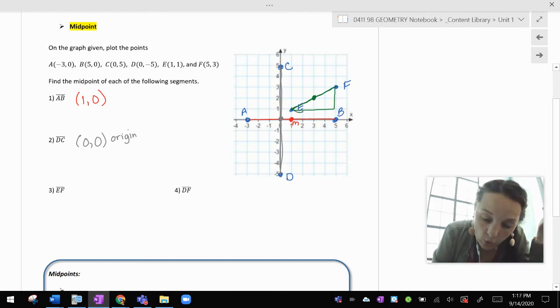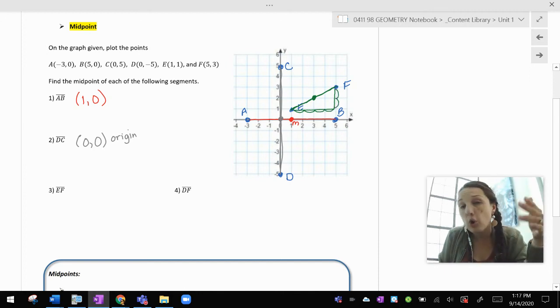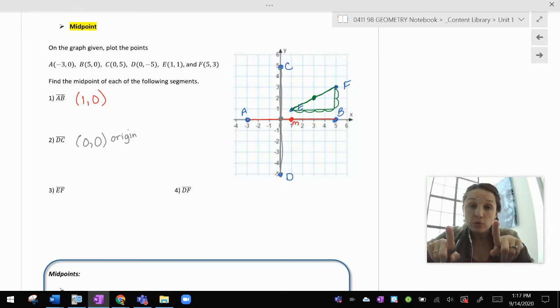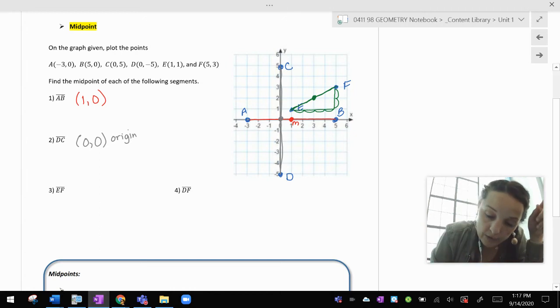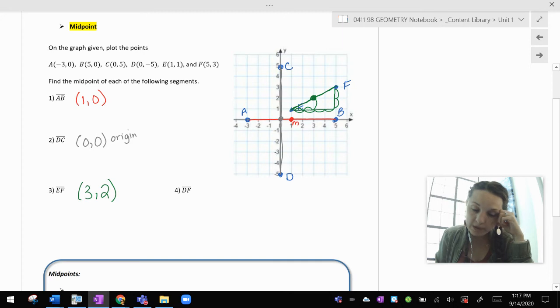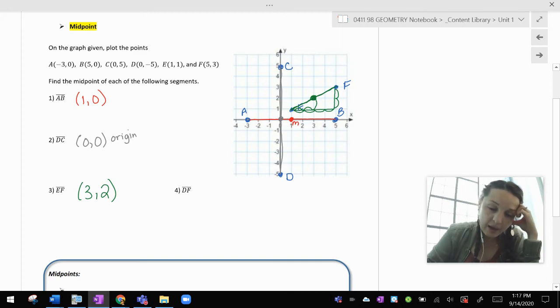I'm going to go over 4, up 2. So instead I'm going to go over 2, up 1. If I go 2, 1, I was right. That's where the midpoint is, at 3, 2. Cool beans.